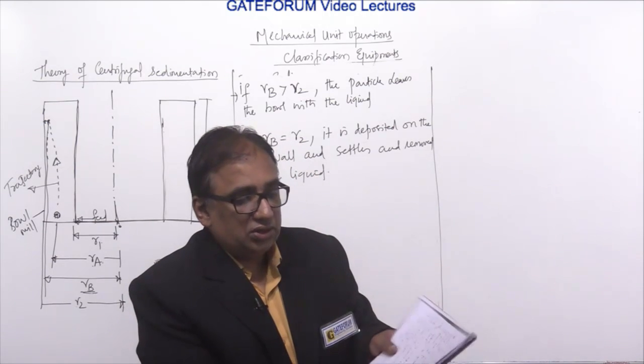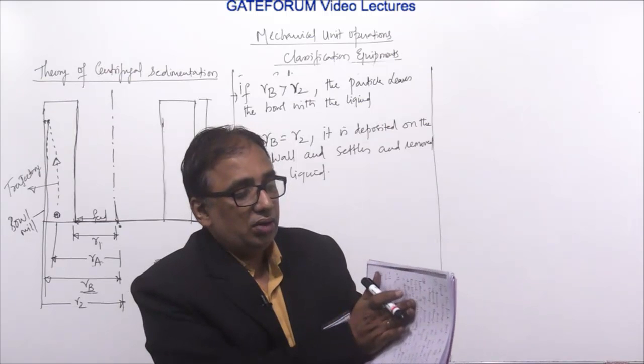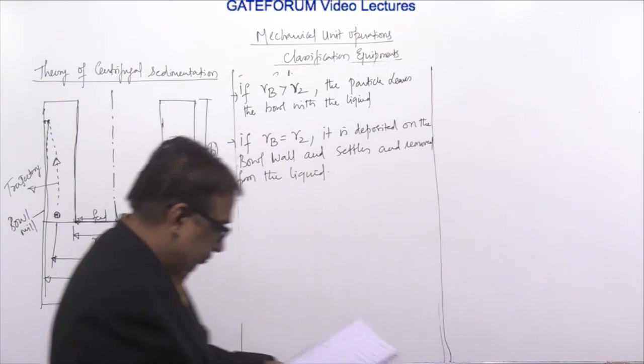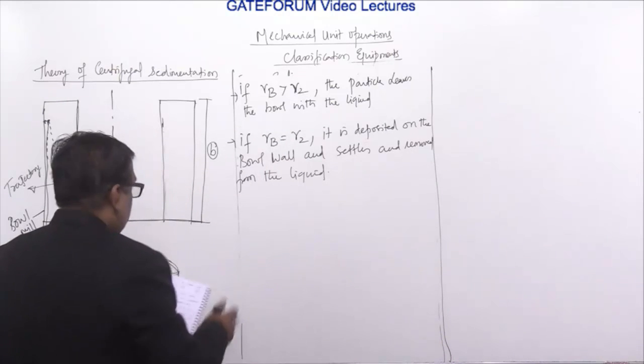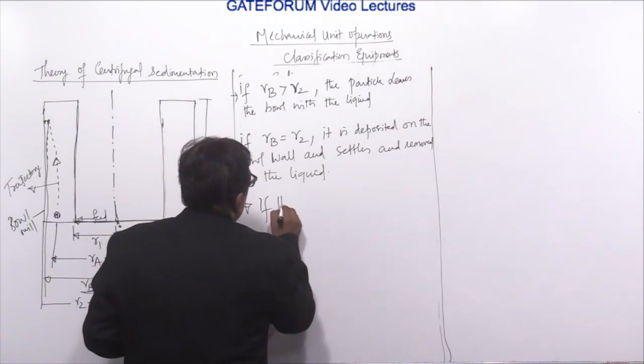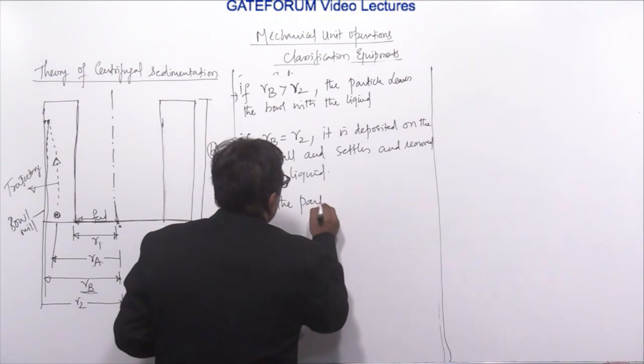Let us say the particle has struck the wall. The particle will be settling along the wall by its own velocity. Again, these are the assumptions.